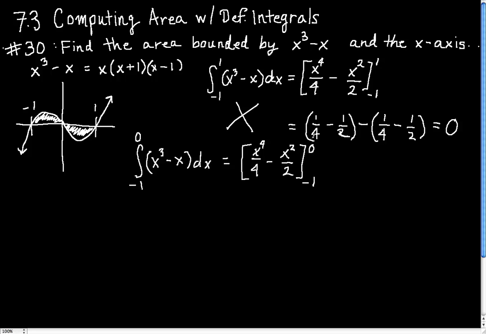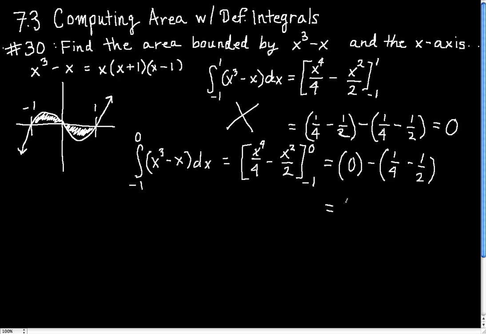I evaluate the top endpoint first, and it looks pretty easy to see that I'm going to get 0 for that expression. So when I evaluate my antiderivative at 0, I just get 0. And then I subtract the function evaluated at -1, which is actually just right here, because we already did that. So I get -1/4 minus 1/2, and I have to be careful that I'm subtracting this quantity in parentheses.